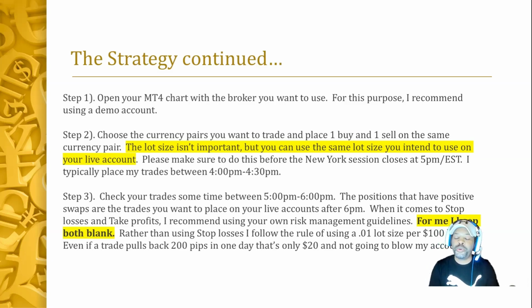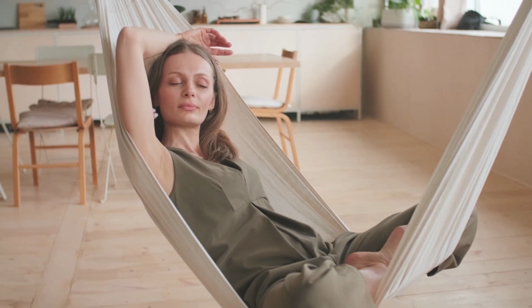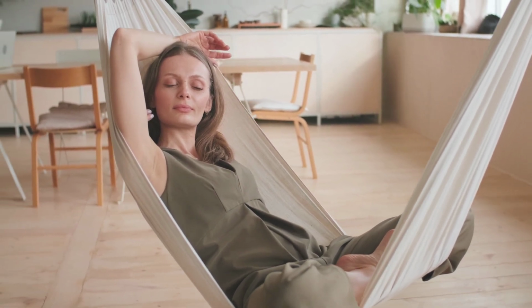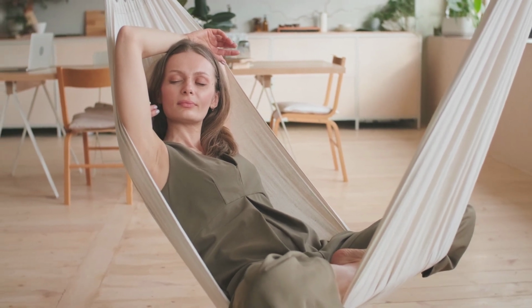So this is very important to understand. I am fully committed to this strategy, and because I've been using it for a while, I know that it's super safe. So when I go to bed at night, I sleep peacefully. I can relax during the day.